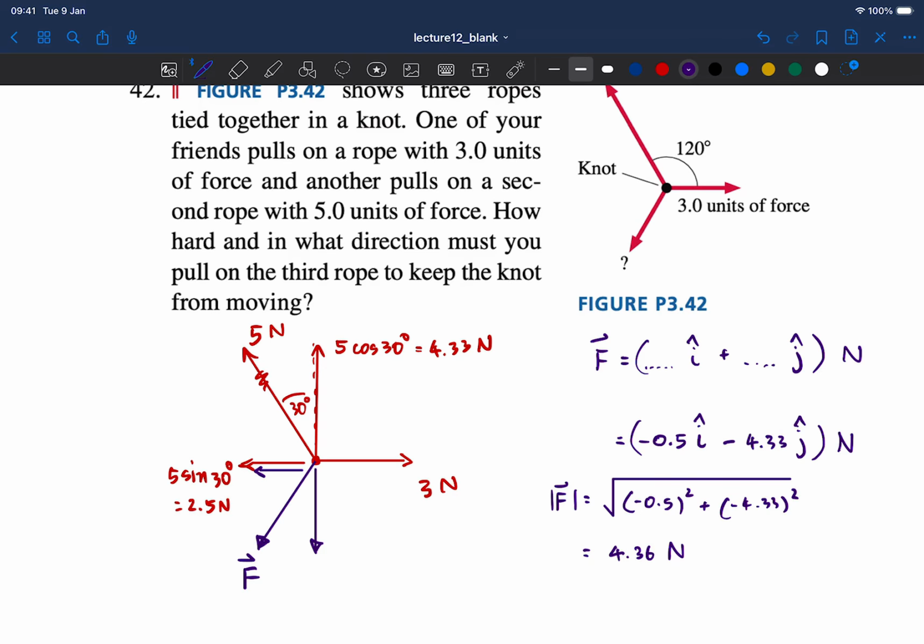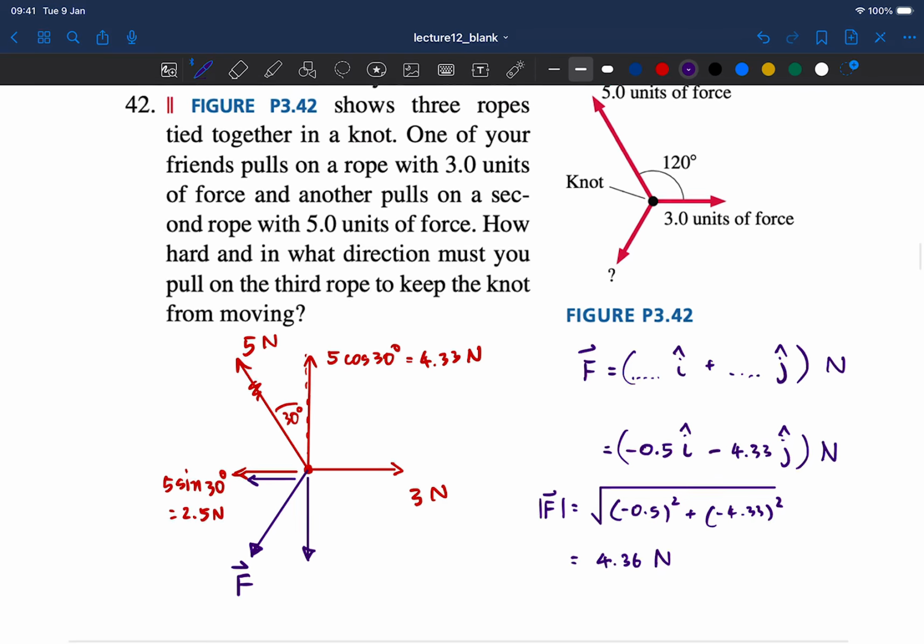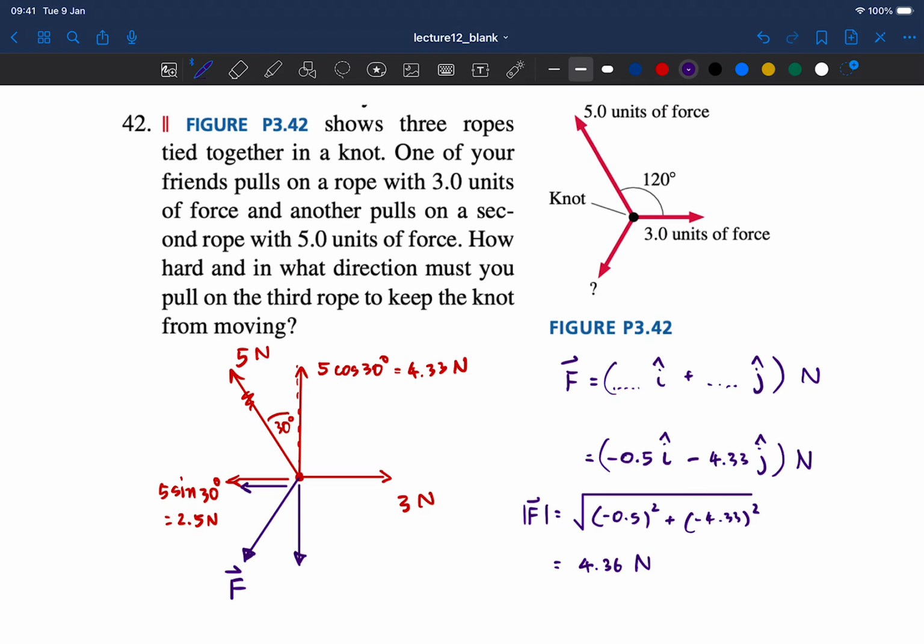And for the direction, if you want, you can calculate using the arctangent of the angle, which should be pretty straightforward.